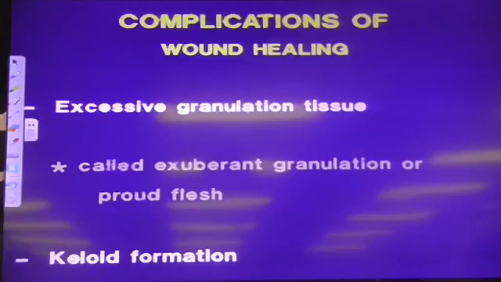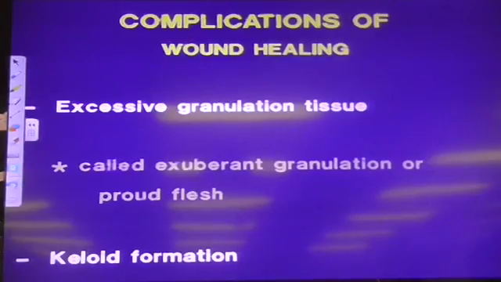But keloid is different from exuberant granulation or proud flesh, from the standpoint that keloid formation is not as vascularized. It doesn't have all the excessive granulation tissue like proud flesh will have. But it does have all the excessive scar tissue, connective tissue. So it's not as vascularized, if you will, as granulation tissue. But it's really dense, fibrous connective tissue or scars, basically. Okay, so you've got that.